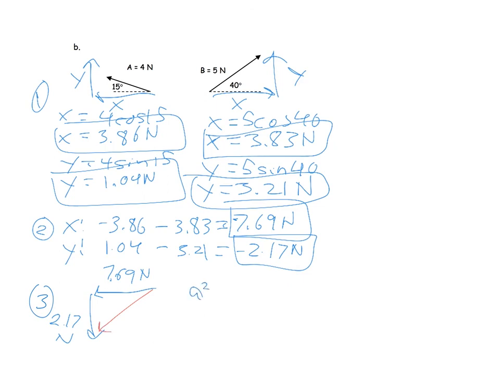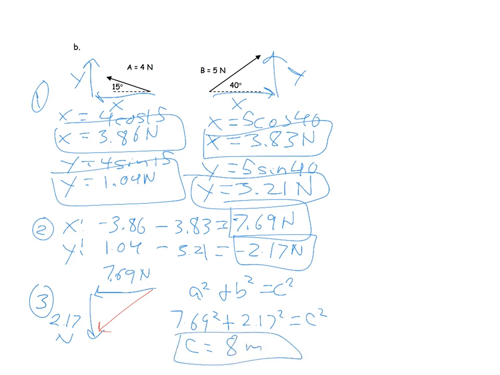I'm going to Pythagorize this. A squared plus b squared equals c squared. So I have 7.69 squared plus 2.17 squared equals c squared. And so I get that c is equal to 8, when you round it, 7.99 meters. And then for the angle, I'm going to say tangent of theta is equal to opposite 2.17 over adjacent 7.69.